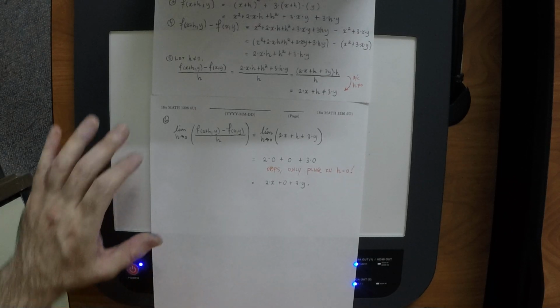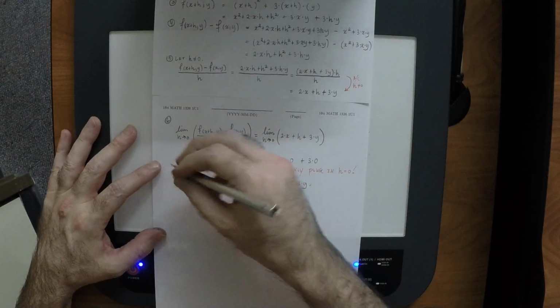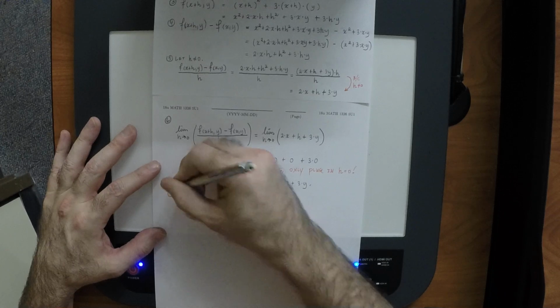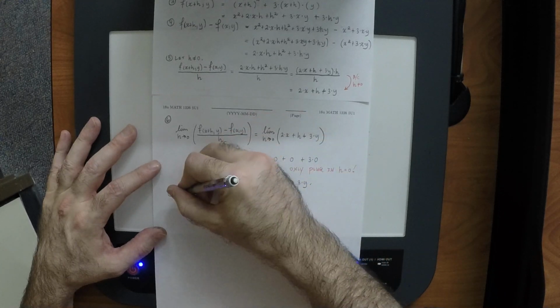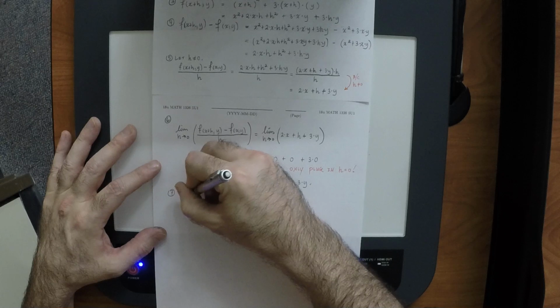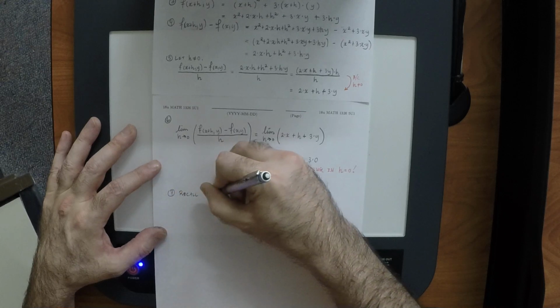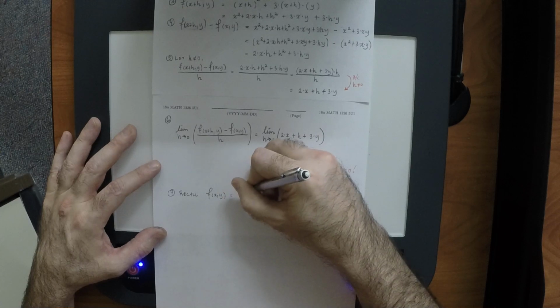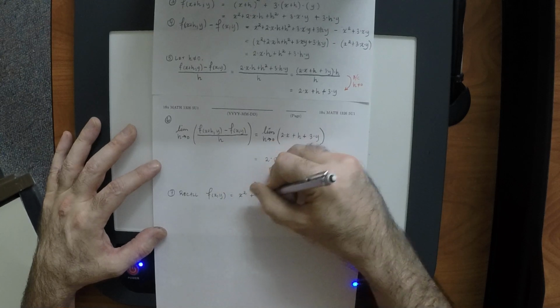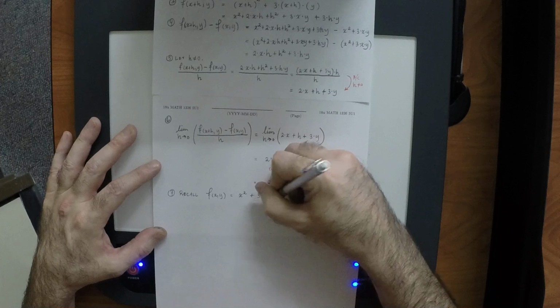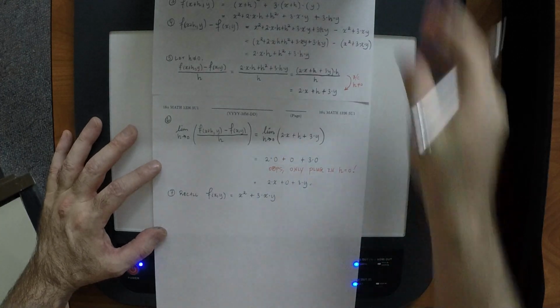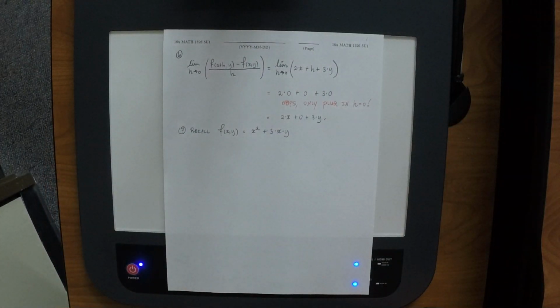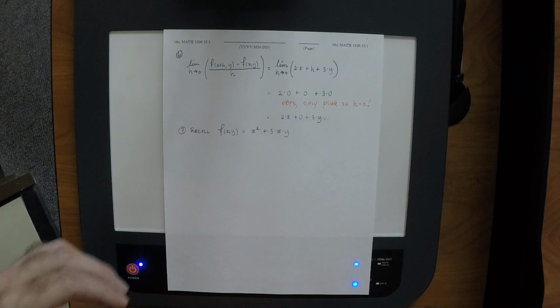So just to remind you, so we don't have to keep looking up, I want you to recall that the definition of the function was f of x and y is x squared plus 3xy. That's what it was a page ago or so. I'd like for you to do the following.